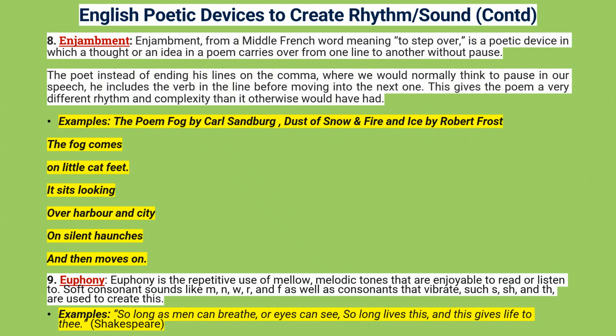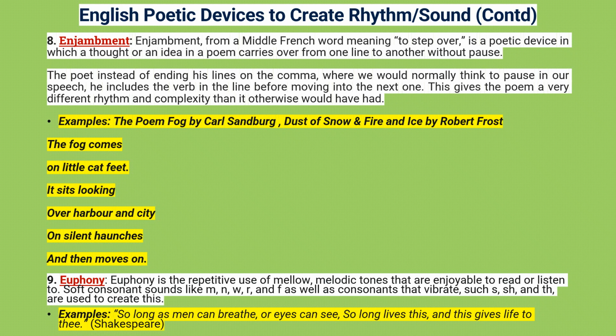The poet, instead of ending his lines on a comma, where we would normally pause in our speech, includes the verb in the line before moving to the next. This gives a poem a very different rhythm and complexity than it otherwise would have had. Examples: Fog by Carl Sandburg, Dust of Snow, Fire and Ice by Robert Frost. These are the best examples for enjambment.